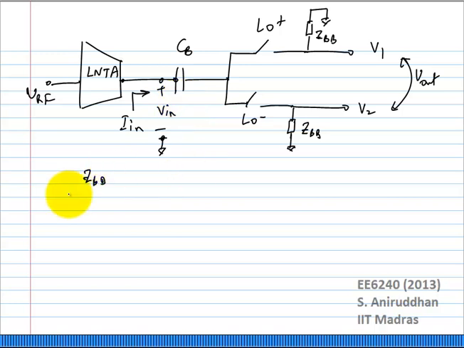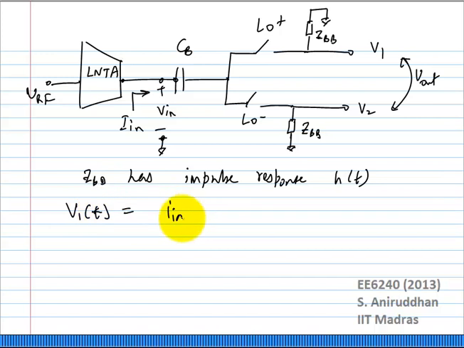Now we need to make some assumptions. Let us say this impedance ZBB has an impulse response h of t. What is V1 of t? V1 of t is the input current In of t multiplied with S of t, and then that is convolved with h of t, which is the impulse response of the impedance, correct?